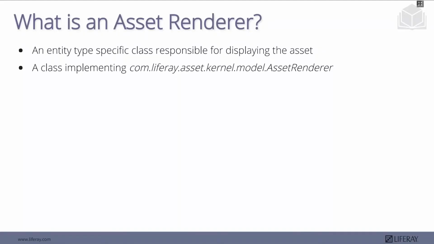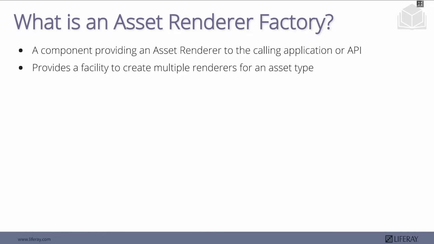I might have what looks like a generic asset type, but the asset renderer is going to let me know that this specific asset corresponds to a wiki, or to an assignment or a submission. When we create these asset renderers, it's going to be a component, or a class, that implements the asset renderer.